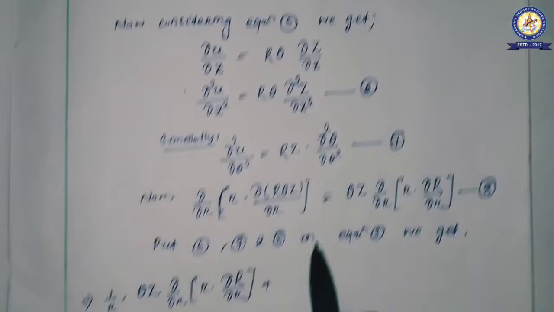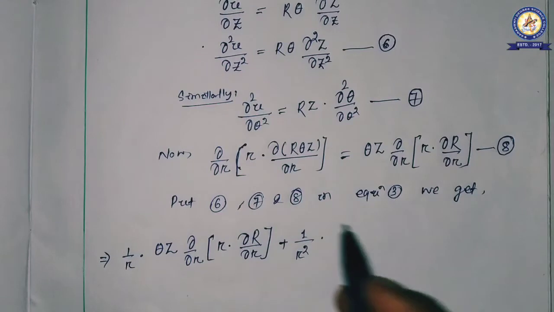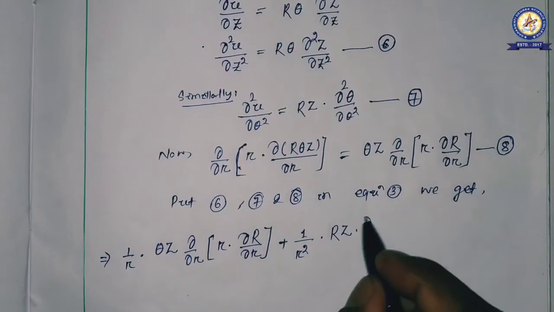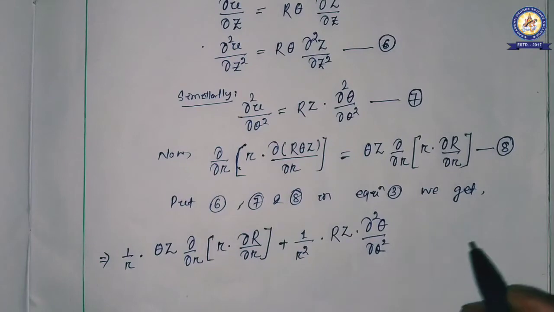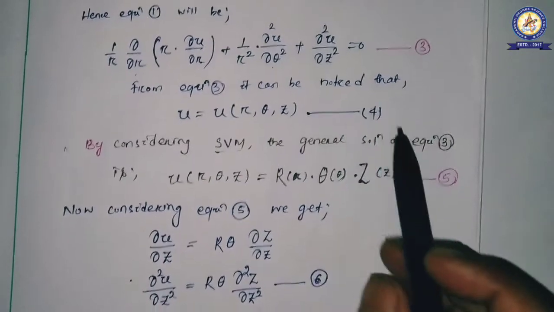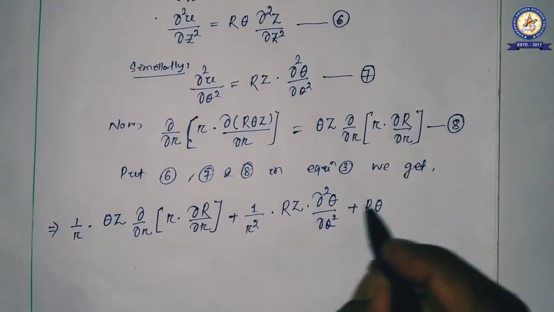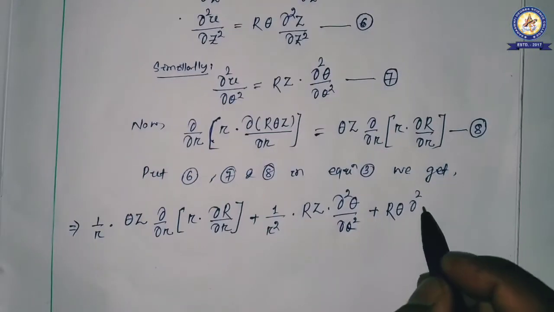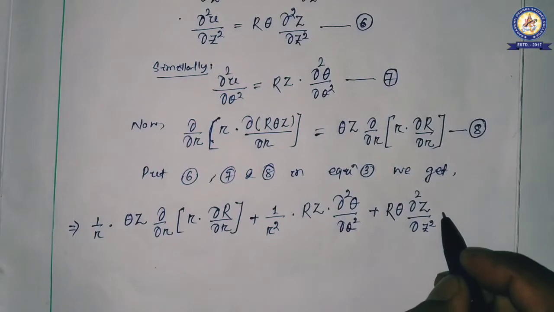So 1 by small r square into del square u by del theta square is nothing but capital R capital Z del square capital theta by small theta square. Then plus here del square u by del z square is there, so this is your value. We have to just put r capital theta del square capital Z by del small z square is equal to 0.